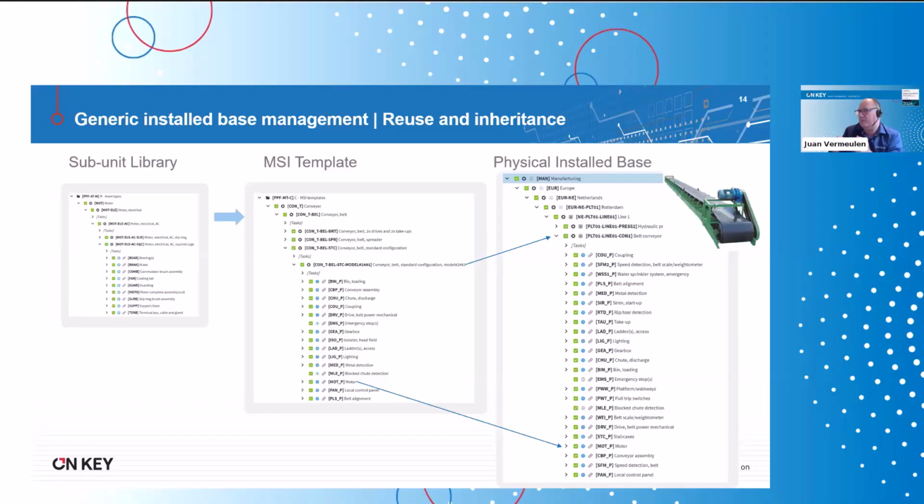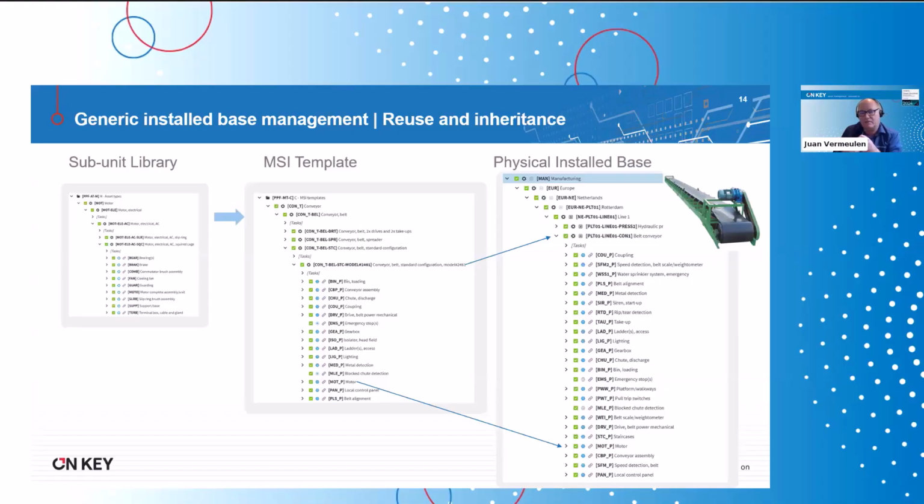So it really emphasizes reuse. It's all good and well if you want to go and tweak maintenance plans on 1 or 2 or 3 assets, but we've got quite a few clients where it goes into the millions of maintenance tasks.